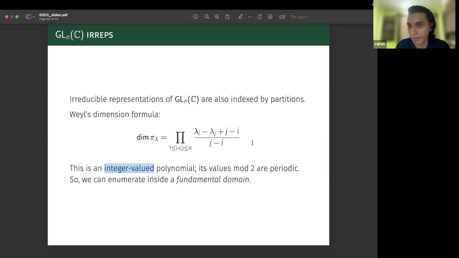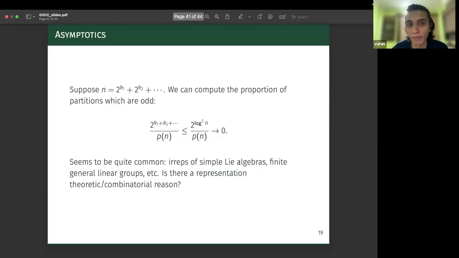And why is that interesting? To start with, we had all partitions, but now because of this periodicity, we can chop off the parts at a certain size, whatever the period is. And why is that combinatorially interesting? So yeah, finding a combinatorial interpretation for these asymptotic results seems to be slightly tricky.